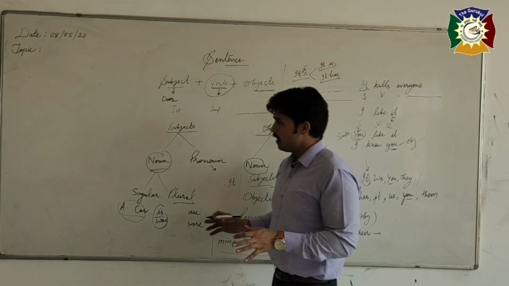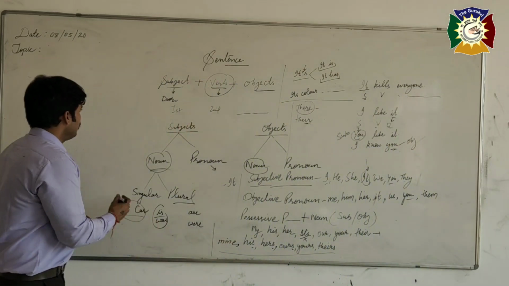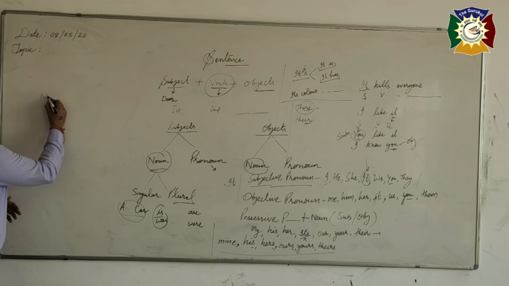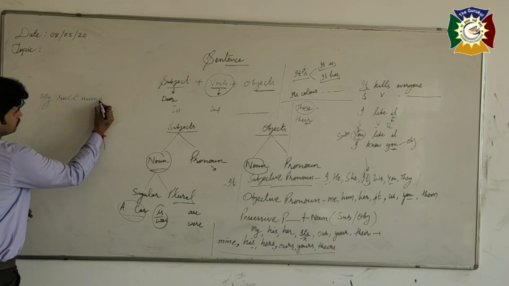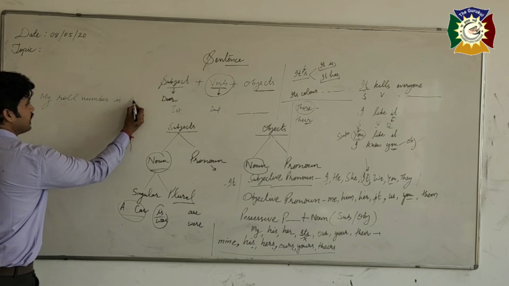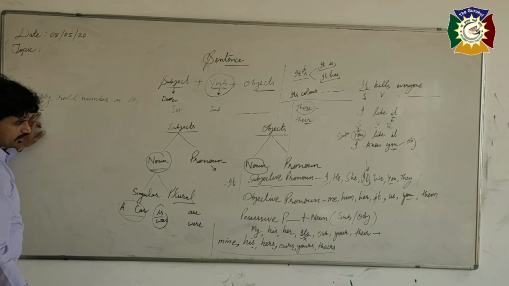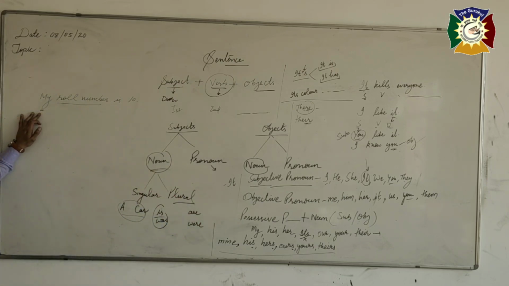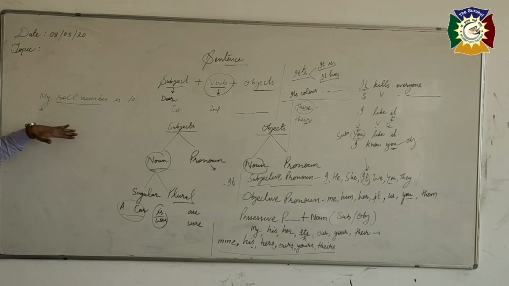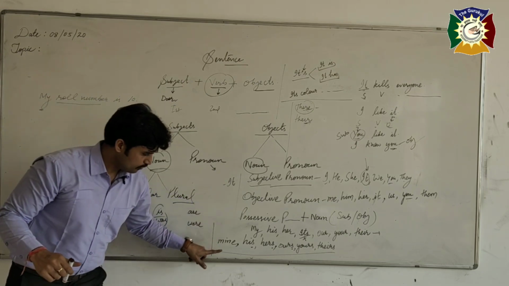For example, I would like you to see here. I have an example. My roll number is 10. See, this one is this pronoun, and it is with a noun, a singular noun. I am changing it from this to this.